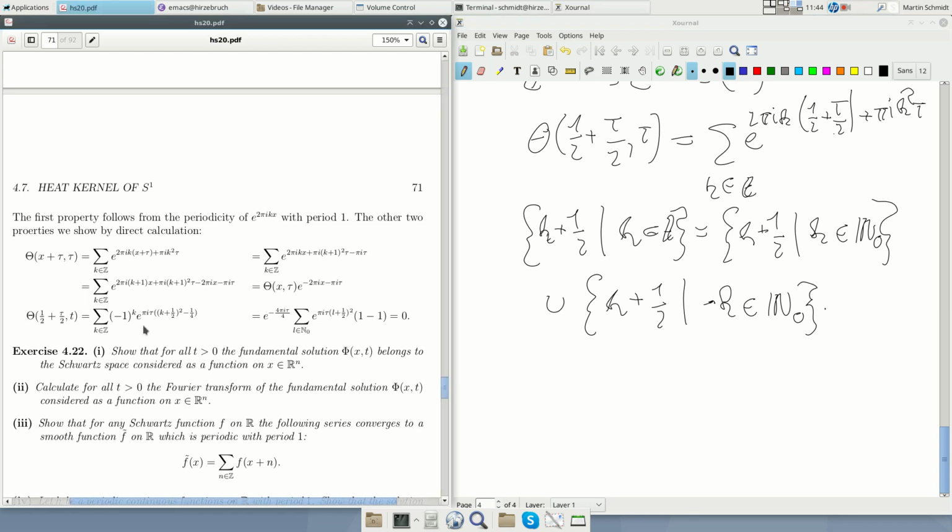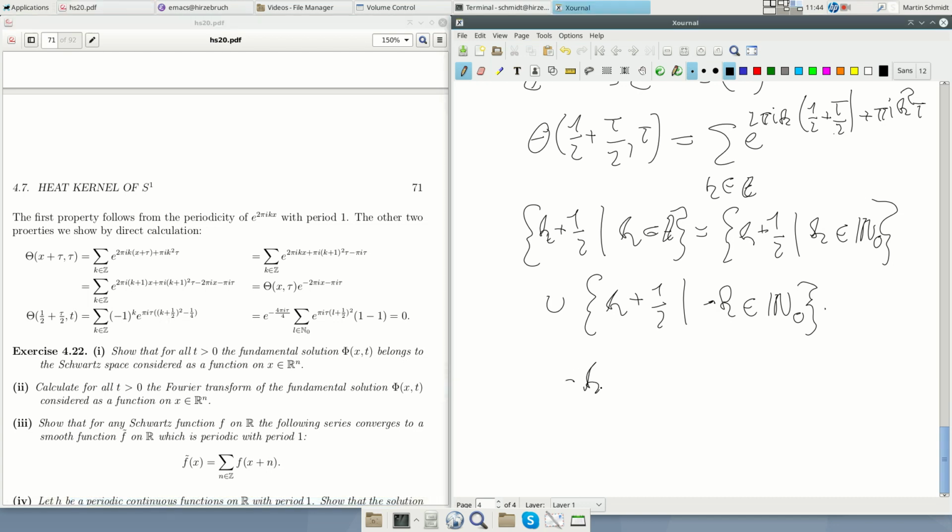The difference of minus k plus 1/2 is of course the same as k plus 1/2 plus 2k.